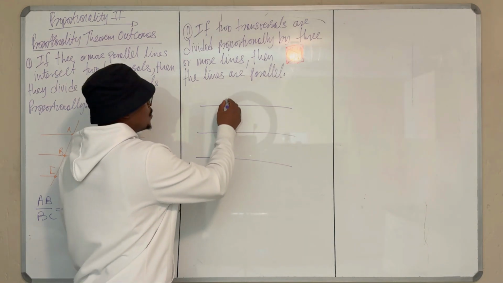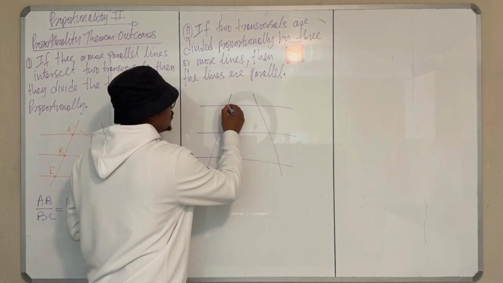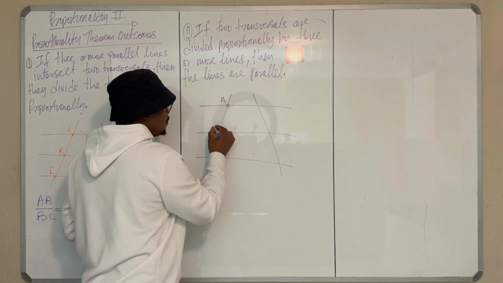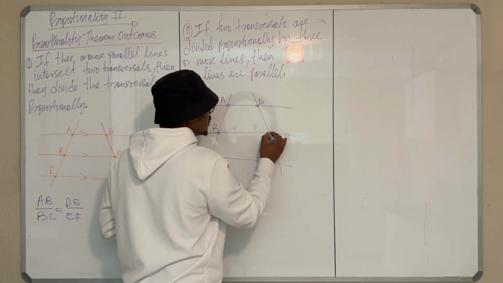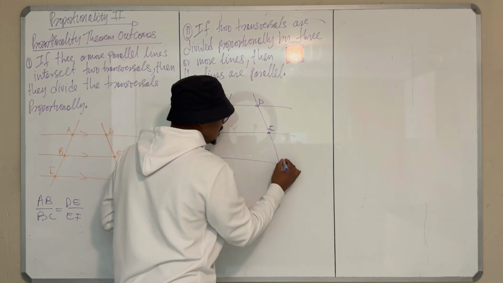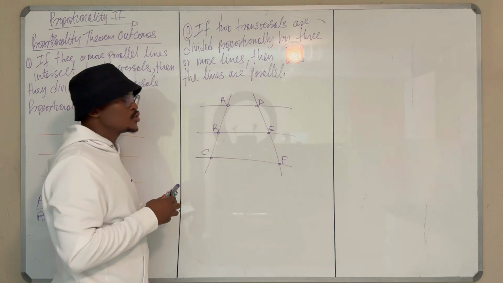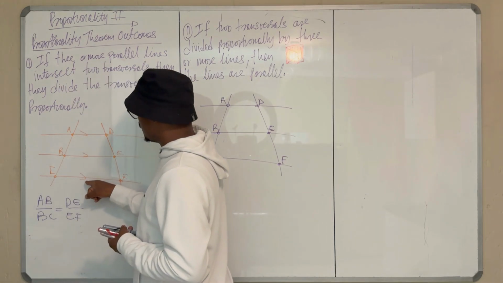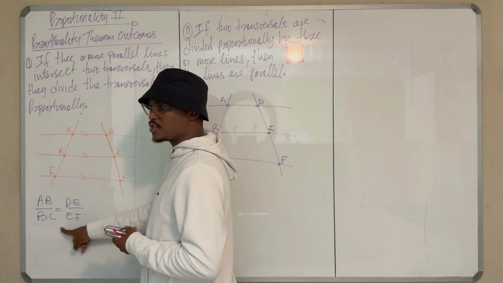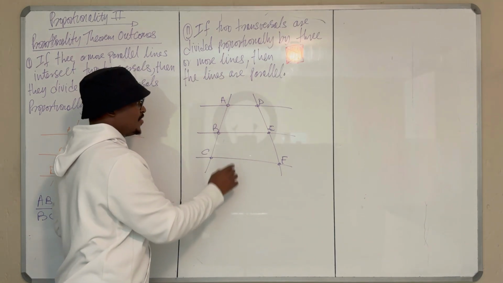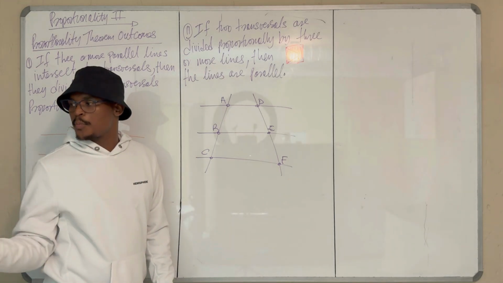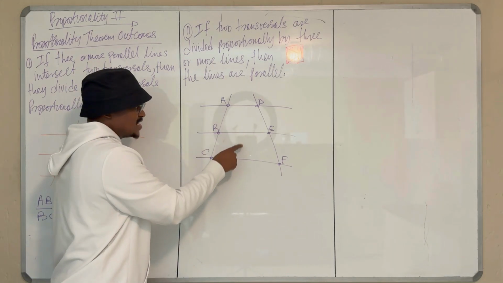But I'm telling you that you have A here, B here, C here, maybe D, E, and F. Here I told you that if these are parallel, they will divide this proportionally. So if these 3 lines divide those 2 transversals proportionally, then these lines are parallel.